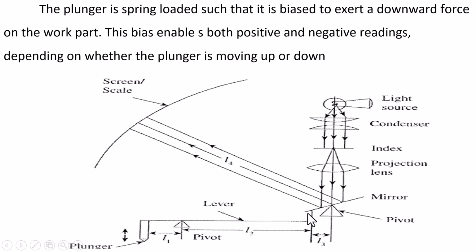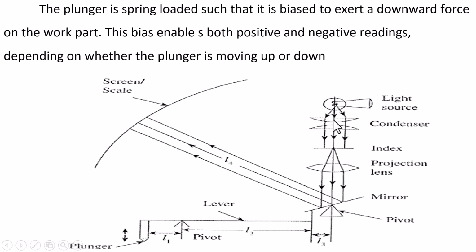So when the plunger goes down, the mirror also changes its position. It can tilt forward or backward based upon the movement of the plunger. The plunger is spring loaded.